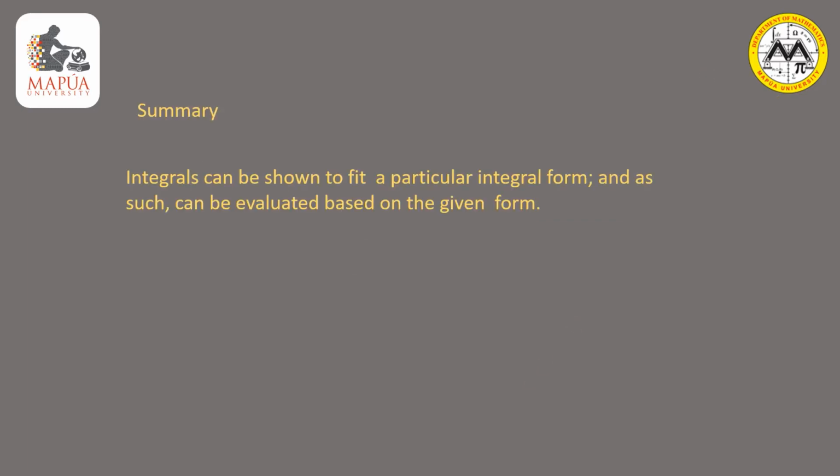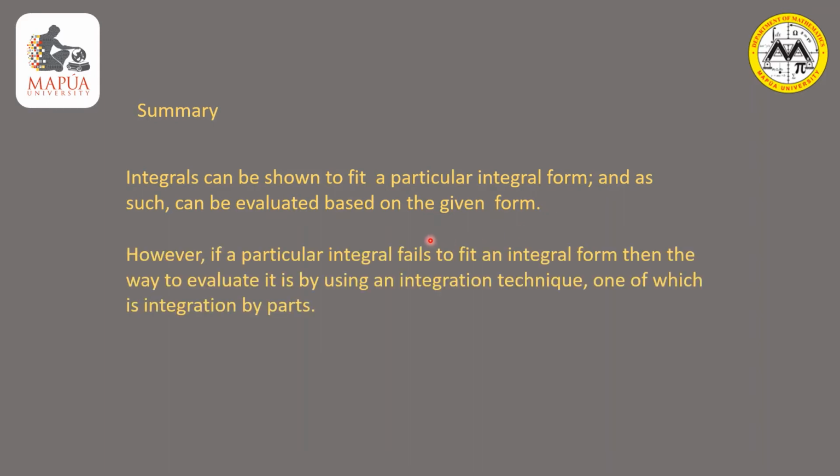In summary, integrals can be shown to fit a particular integral form, and as such can be evaluated based on the given form. However, if a particular integral fails to fit an integral form, then the way to evaluate it is by using an integration technique, one of which is integration by parts.